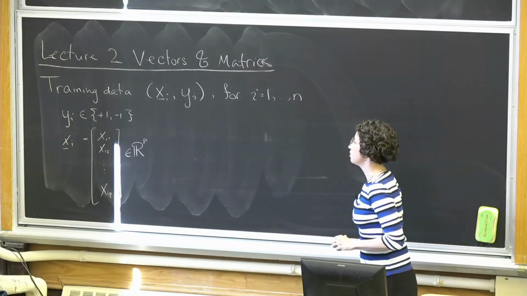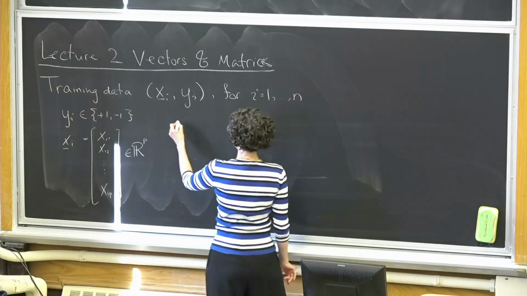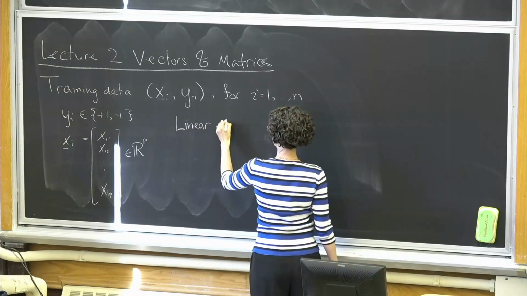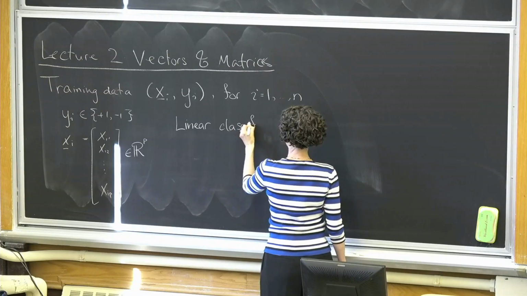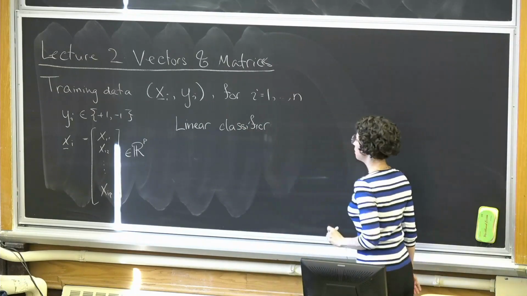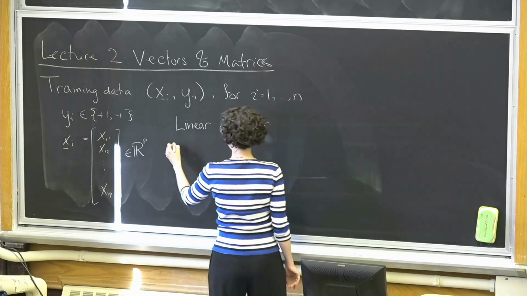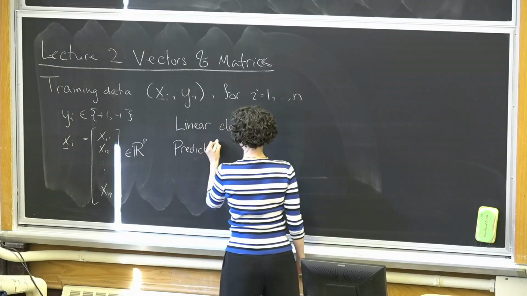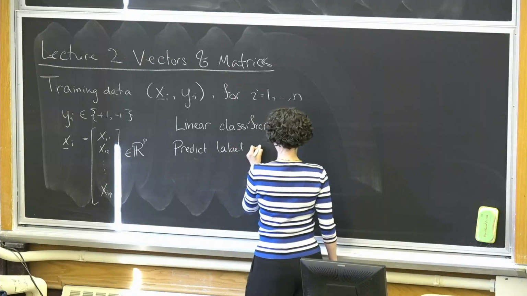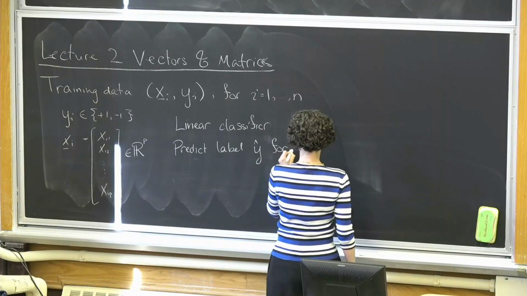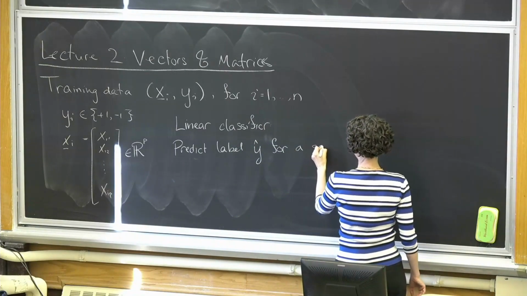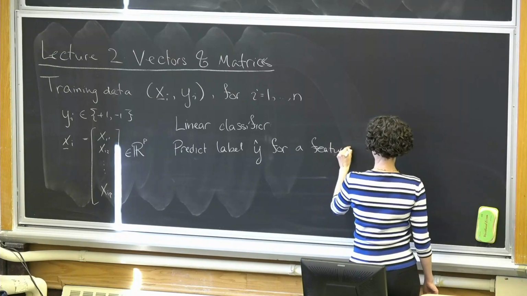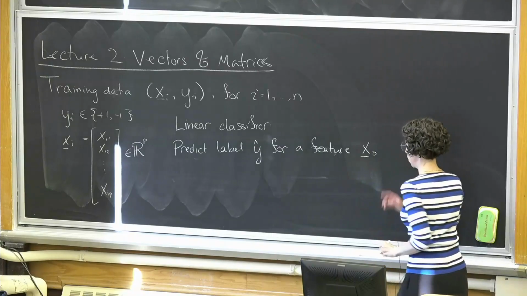And so then we said we wanted to consider a linear classifier. And in particular, we wanted to predict a label, y hat, for a sample or a feature vector, x naught.